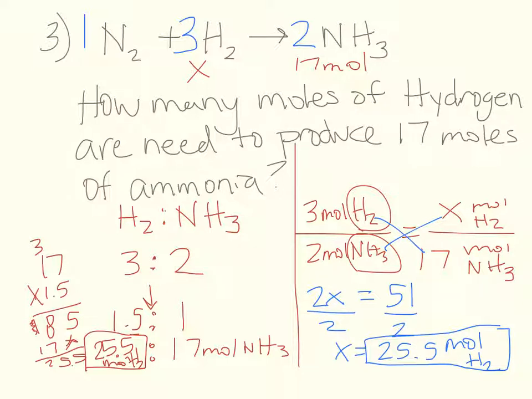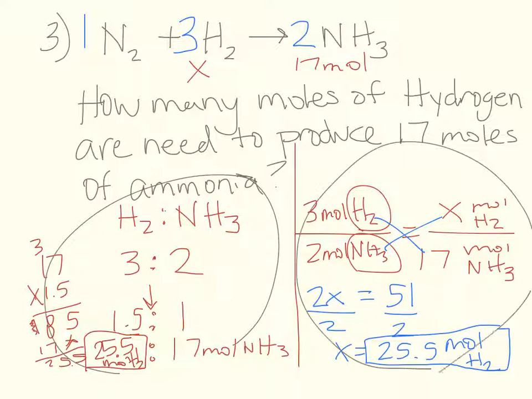So we did it using the ratios on the left-hand side and the proportions on the right-hand side. So again, use whichever way makes sense to you, all right? And we're going to do some more practice with this in the assignment today.